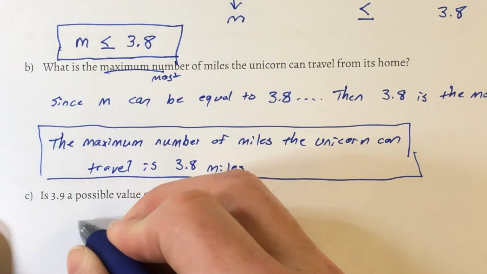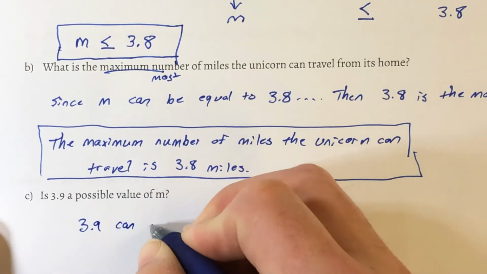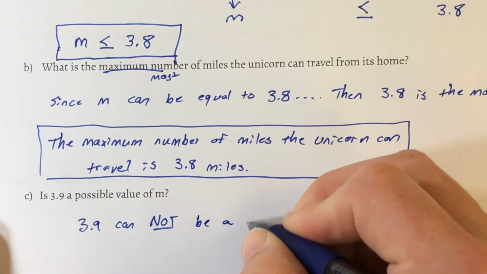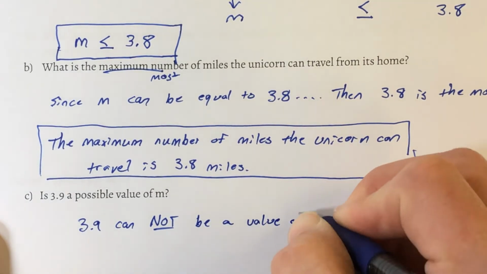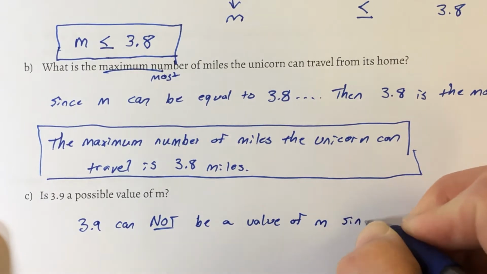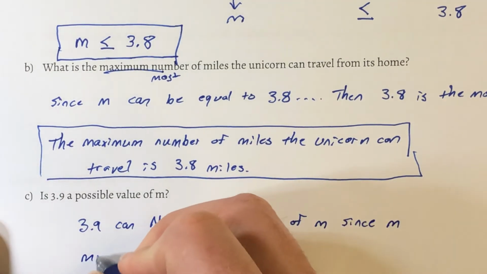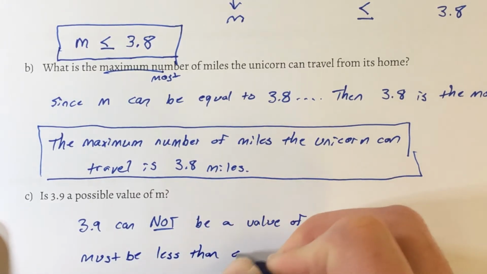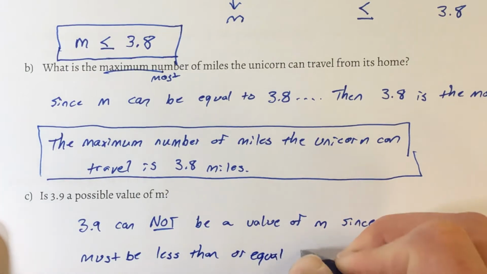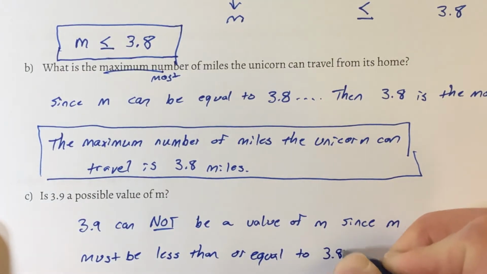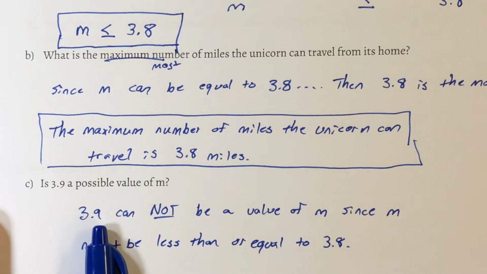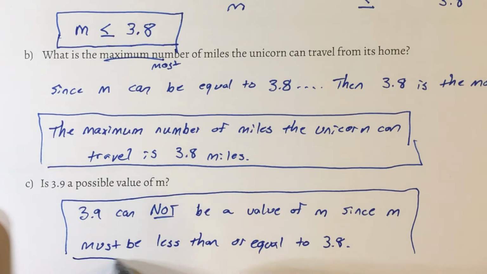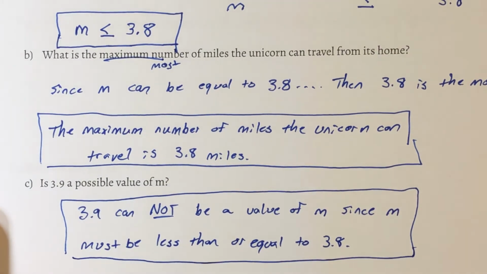So our answer is 3.9 cannot be a value of m, since m must be less than or equal to 3.8. And 3.9 is not less than or equal to 3.8, so it just doesn't fit. It would not be a solution to our scenario. That doesn't exist.